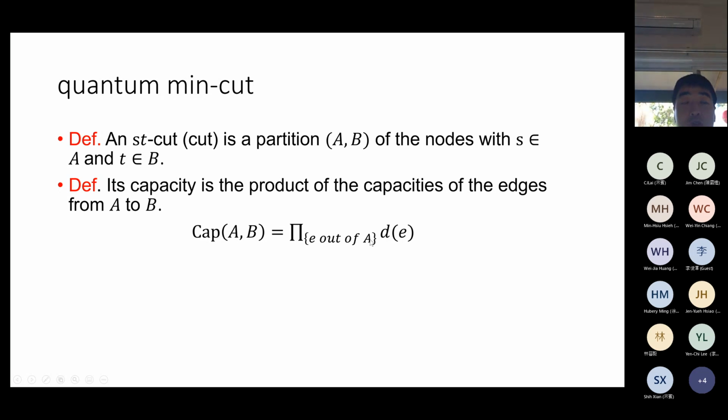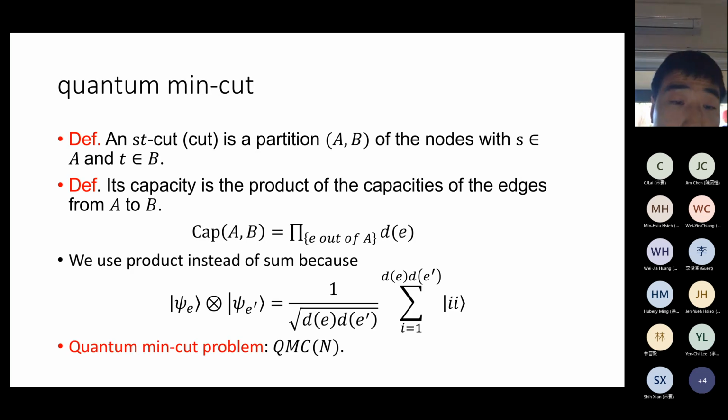So why is this different from classical? Because classical is a summation, but the quantum is a product. Because when we put two maximally entangled states together, quantumly we just tensor them.